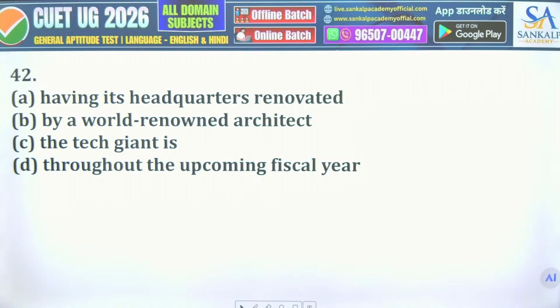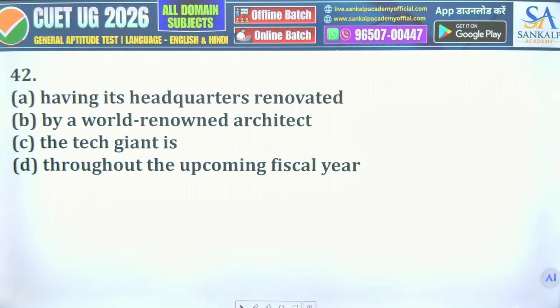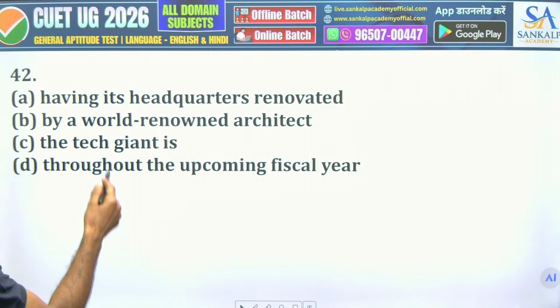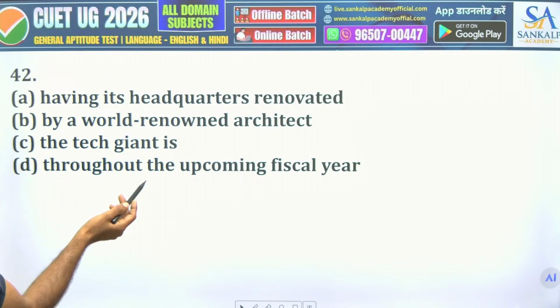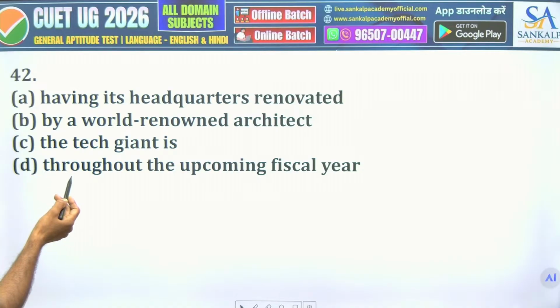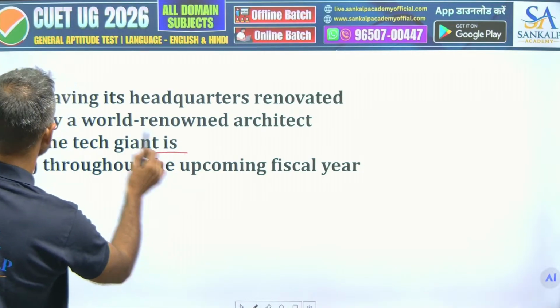Having its headquarters renovated by a world-renowned architect. Having its headquarters renovated. It is this structure, you know, where you arrange somebody to do something, right? Having the headquarters renovated. Who? By a world-renowned architect. Okay, the tech giant is having. So here you can see the connection of is and having.